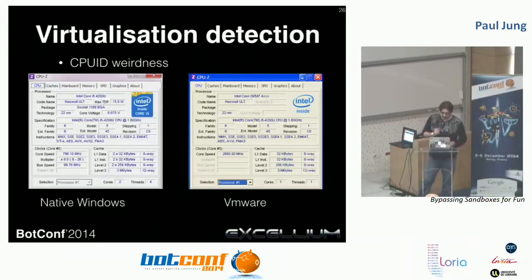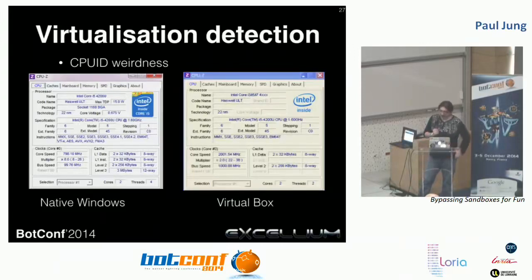For others, it's really easy. If you take a look at VirtualBox, you have a little problem. You don't have a level 1 instruction cache, and no Intel CPU for years and years has lacked a level 1 instruction cache. So if you take a look at that, you are able to say if you are in a sandbox or not.